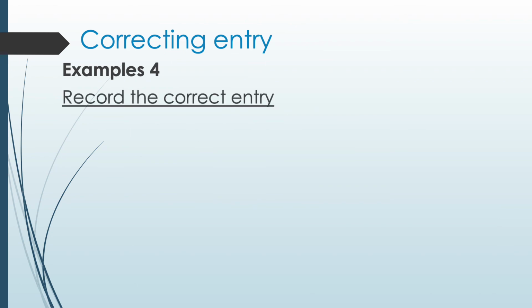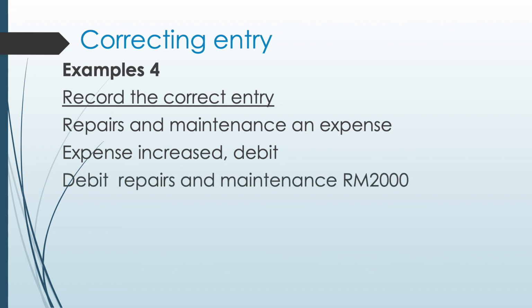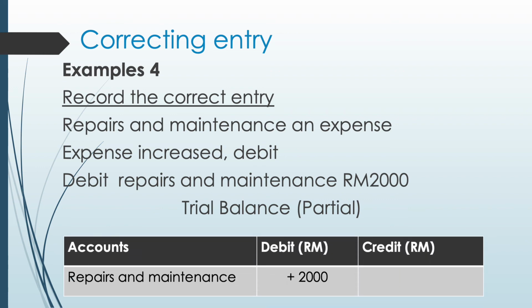Record the correct entry. Repairs and maintenance, an expense. Expense increase, debit. Debit repairs and maintenance 2,000 ringgit. Trial balance partial: repairs and maintenance 2,000 ringgit.